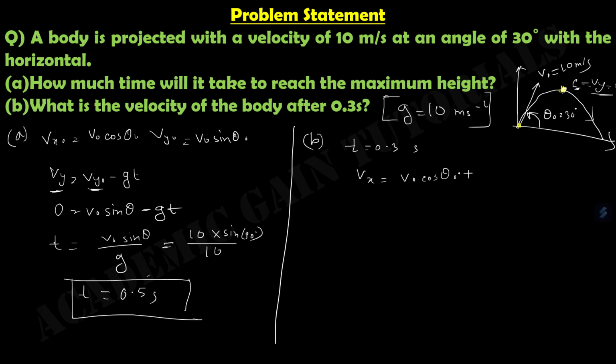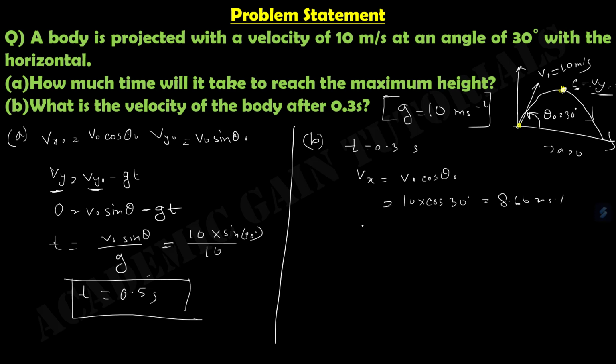We know along the x-axis the acceleration is 0, so there will be no extra term. If I put v naught equals 10 and theta equals 30 degree, the value will be 8.66 meter per second.